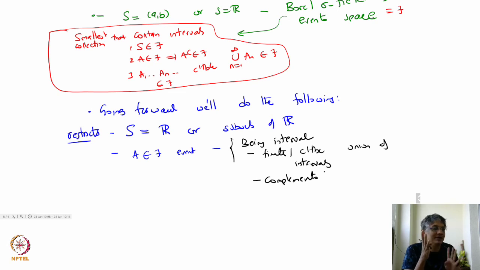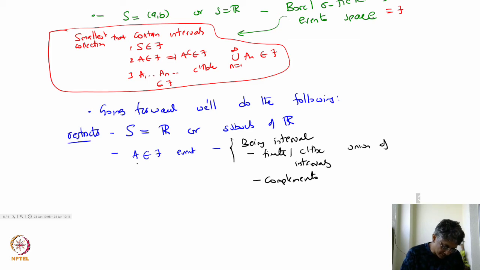I will not work with an arbitrary or typical Borel sigma field event. When I say event and I want to show something for an event, I'll just show it for an interval or a countable union of intervals. I will not show it for any arbitrary Borel set. That will require far more theory than the scope of this course.